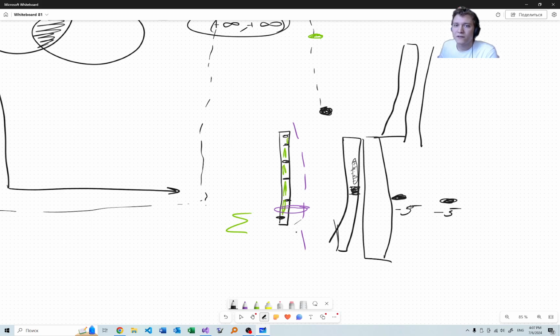Then we take the following stone here and here and take the lowest one. Now we have two segments, which may or may not intersect.